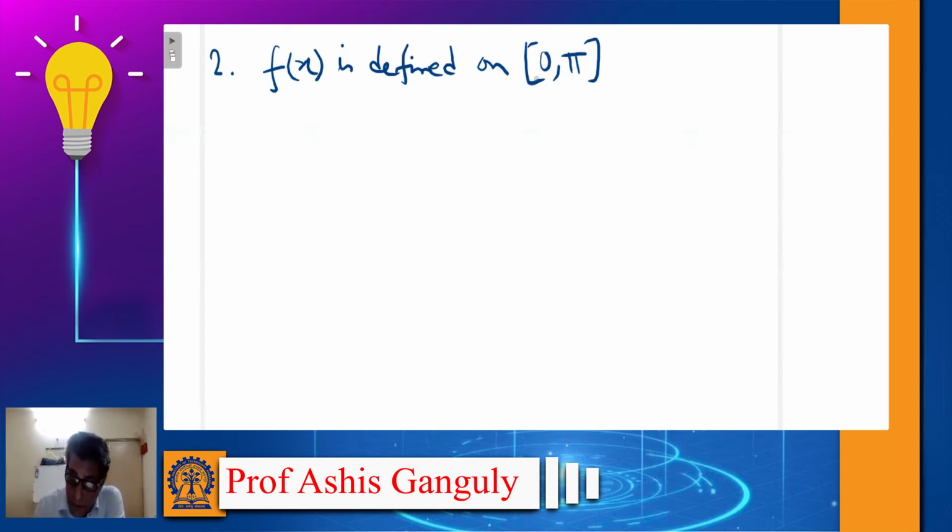But here, even the length of the interval is not 2 pi. We need 2 pi length, no? Because we are expanding in terms of sine and cos, which are periodic functions of period 2 pi. In this case, you first need an extension on the left half, minus pi to 0. An extension may be possible in 2 ways: odd extension and even extension.